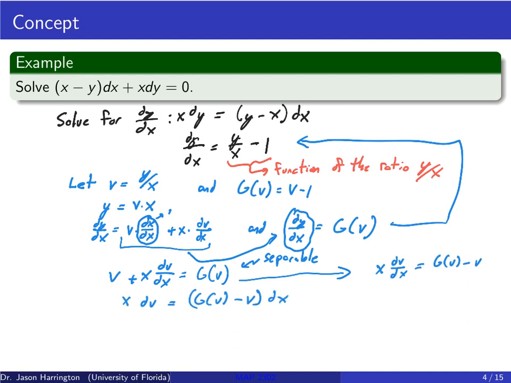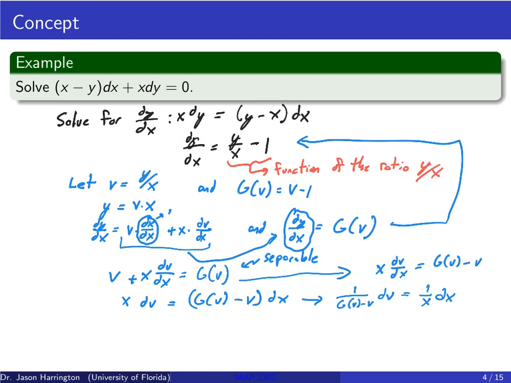Now I'm not quite done obviously, because I still have v's over here with x's and v's all together. So in order to make this separable, what I have to do is divide everything through by x and by g of v minus v, so 1 over g of v minus v dv is equal to 1 over x dx.